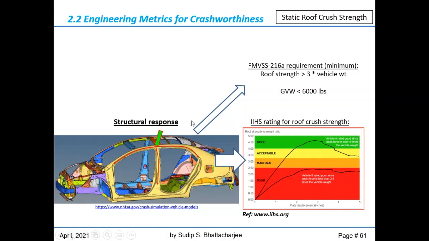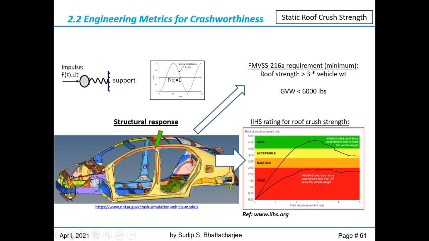It is very hard to find much research on it, but I tried to do a little elementary research based on my structural dynamics background. If I have a spring mass system and I apply an impulse on it, I can measure the response of my spring mass system.